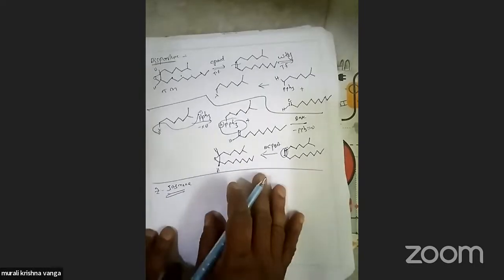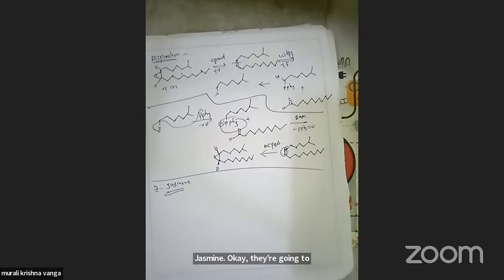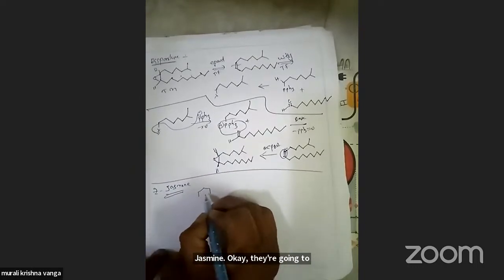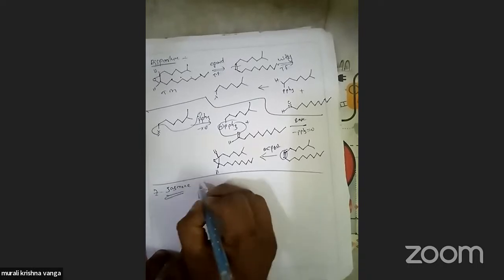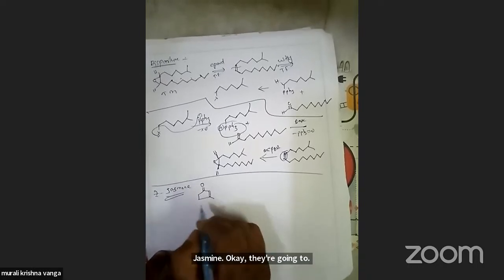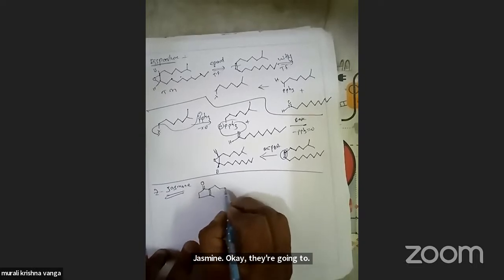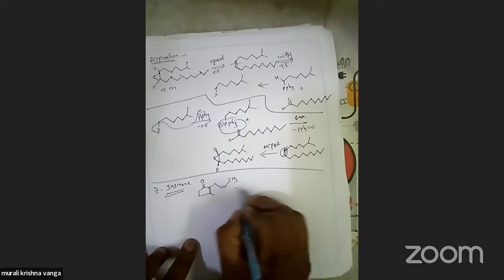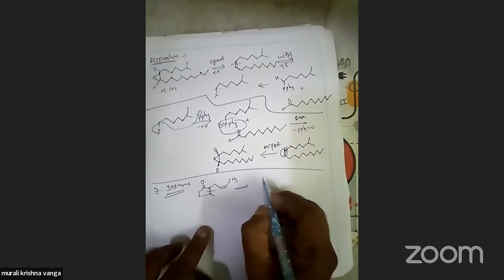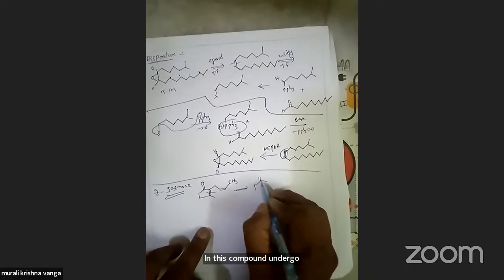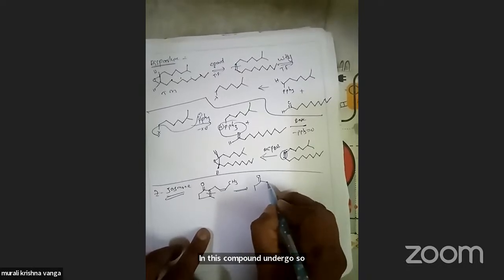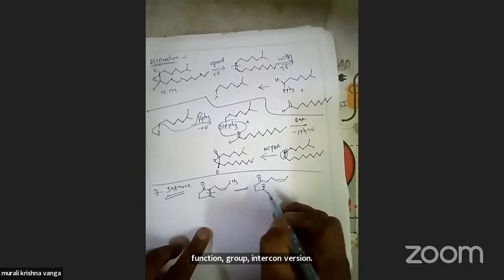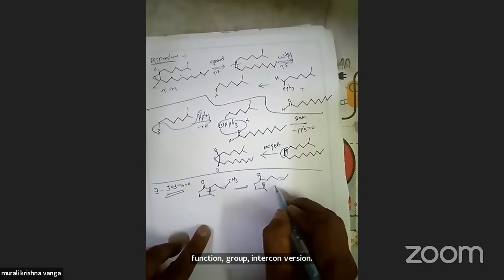Now, first we are going to discuss retrosynthetic analysis. Methyl. When this compound undergoes breaking of double bond, functional group interconversion, methyl double bond.